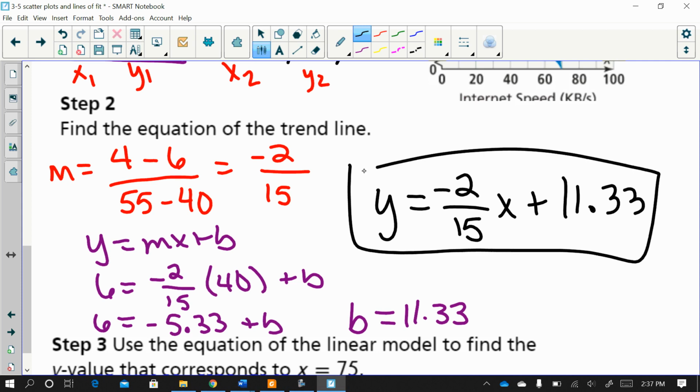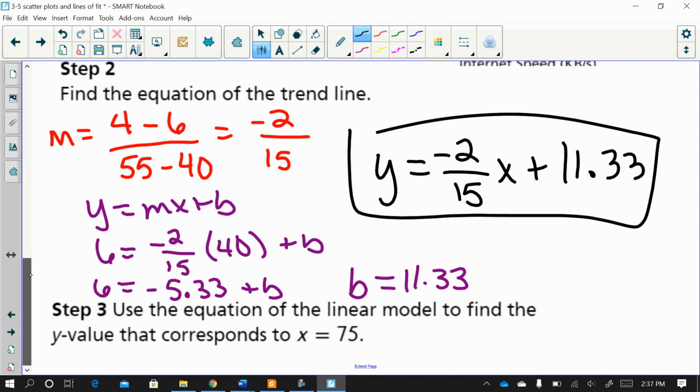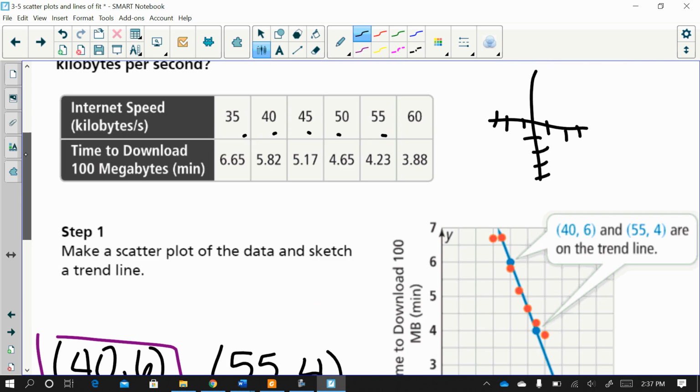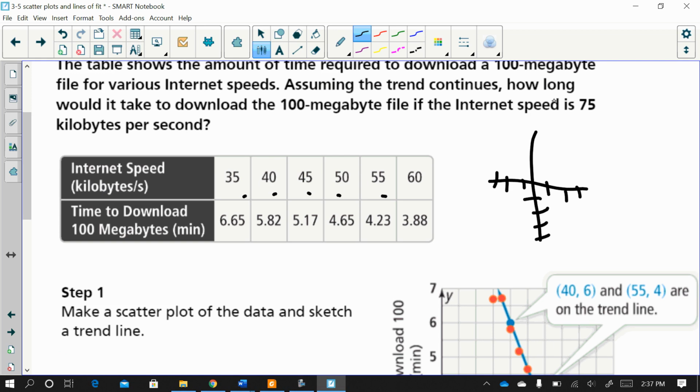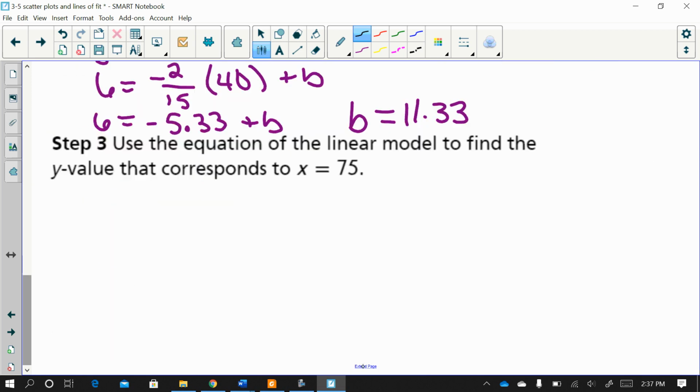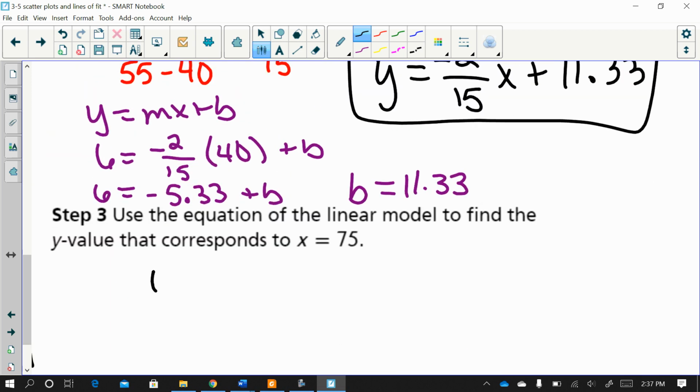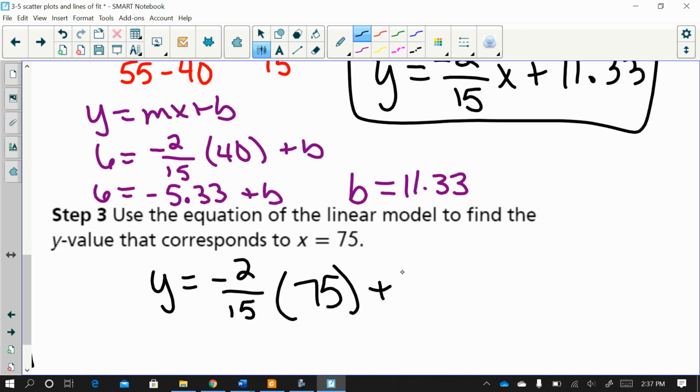Now normally we would be done here, but the problem wants us to predict what the y value is when x is 75. Notice we want to know the internet speed is 75, so how much time would it take? So we plug in 75 for x. So y equals negative 2 over 15, but instead of writing x, I'm going to write 75.